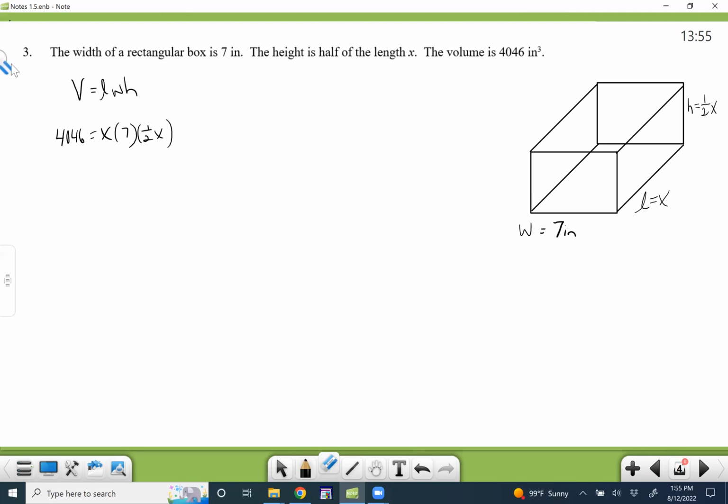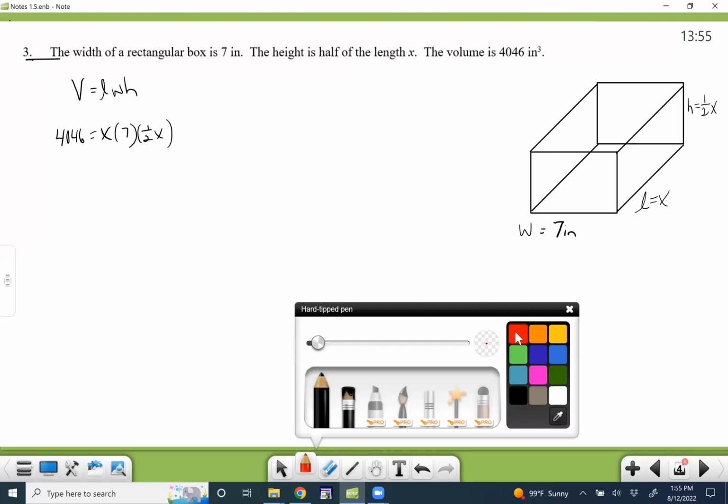All right, so now we just have to multiply all these, right? Let's go ahead and do the first two, which would get us 7x.